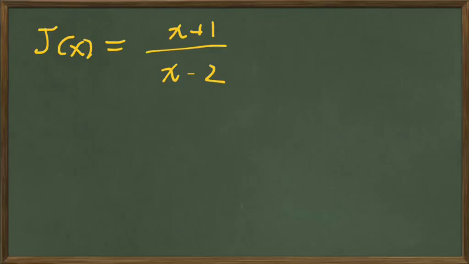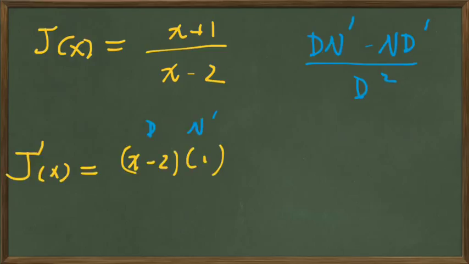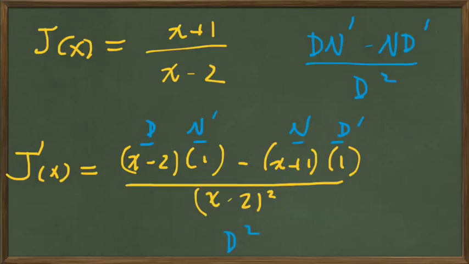So typically we would use the quotient rule to take the derivative of a rational function. So let's do that here and find j prime. So here we've got the denominator times the derivative of the numerator, and we've subtracted the numerator times the derivative of the denominator, and we've divided by the denominator squared.